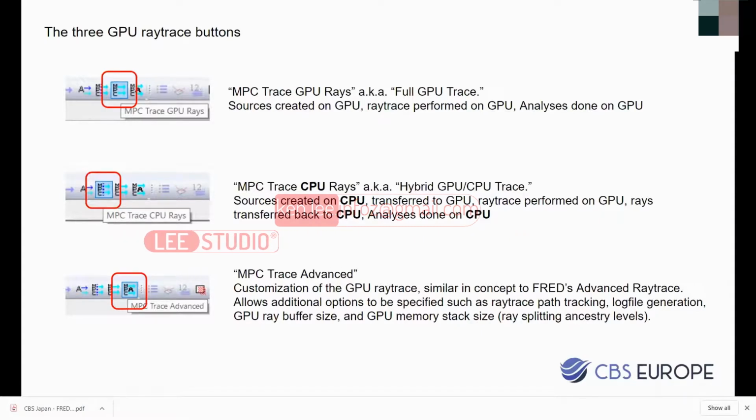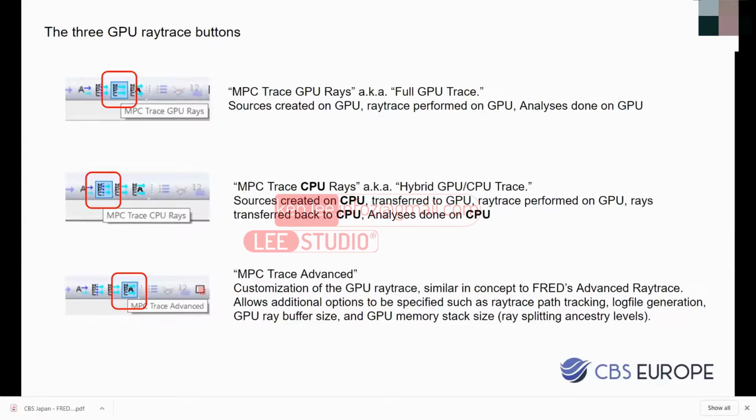So you don't have that much power at the end of the ray trace when you want to look at the ray data. So there are some cases where you want to bring the rays back into RAM as if you've just done a normal FRED ray trace, where you can do your own variety of calculations, or do scripting to look at the rays or save the ray data.